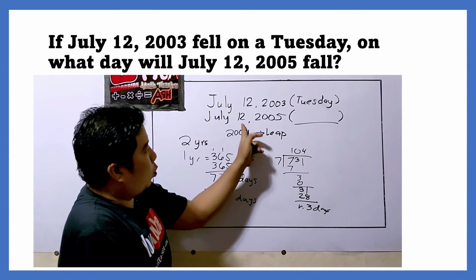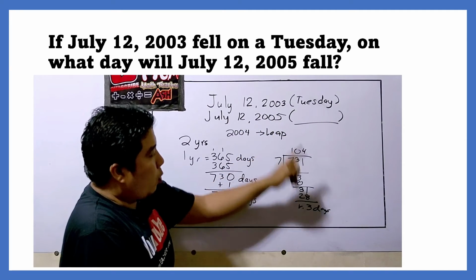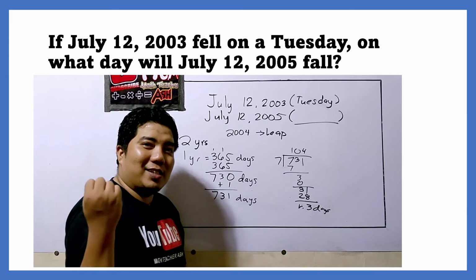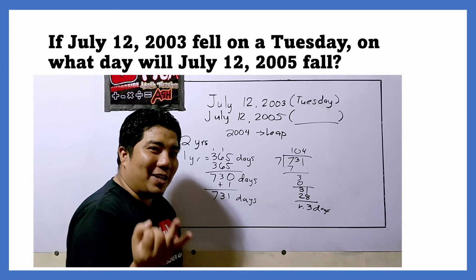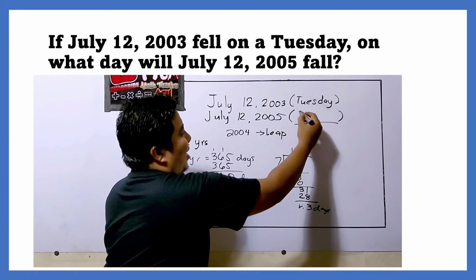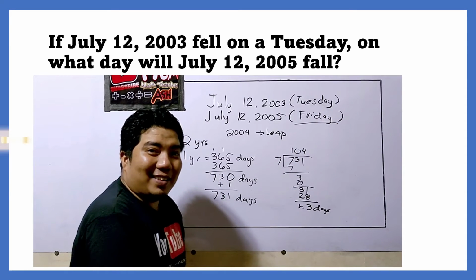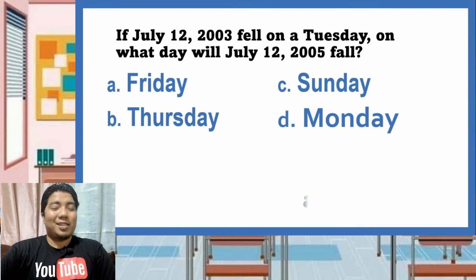Therefore, July 12, 2005 will be 3 days after Tuesday. So that is Wednesday, Thursday, Friday, and that will be our answer. Easy, right? And the correct answer is letter A, Friday. Easy, right? Now, let us go to the next problem.